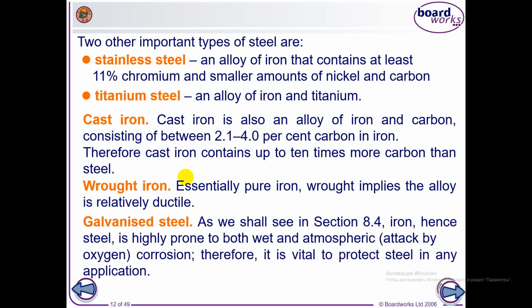And of course, galvanized steel, as we shall see, iron and steels are highly prone to both water and atmospheric attack by oxygen.